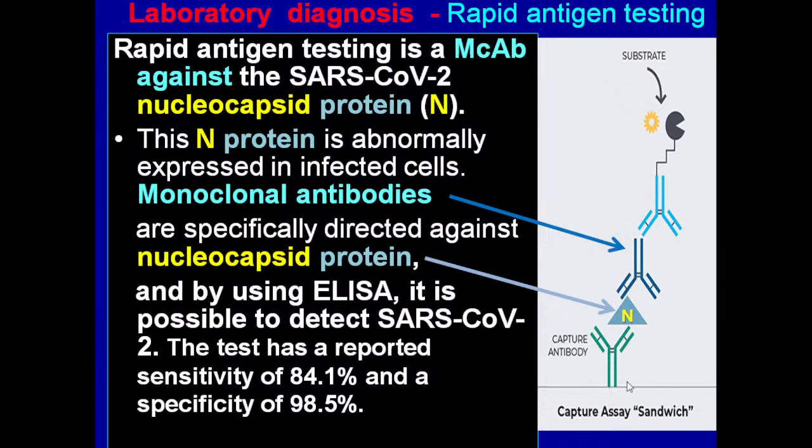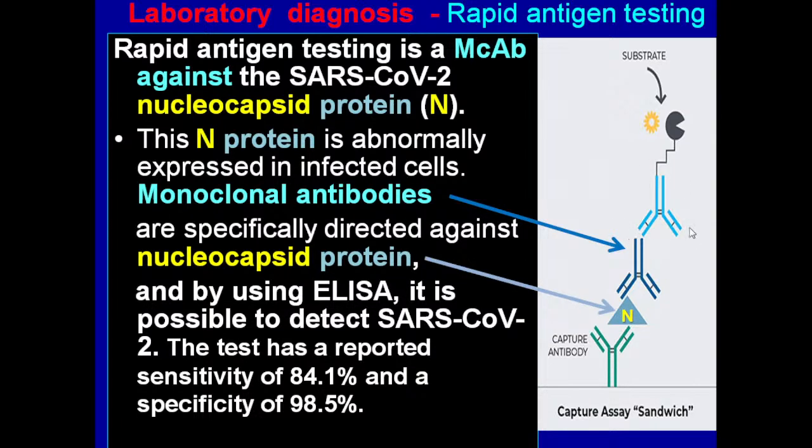So this is an indirect assay, right? Do you remember? No, my dear, we didn't discuss. You didn't have immunology. This is a capture sandwich assay. We use known capture antibodies against the virus, then add the specimen taken from the patient with nucleocapsid protein. Then we add monoclonal antibodies to reveal only the N protein.